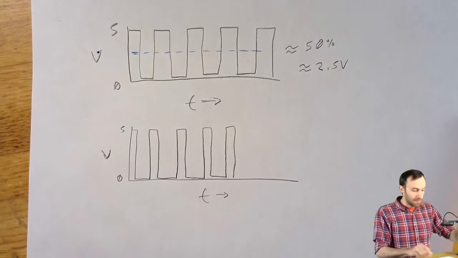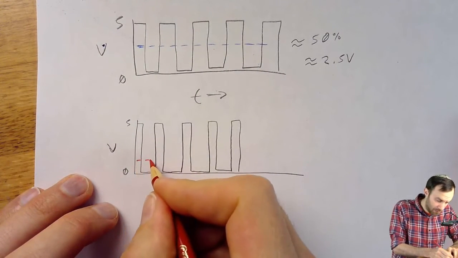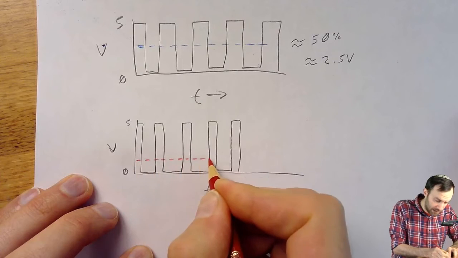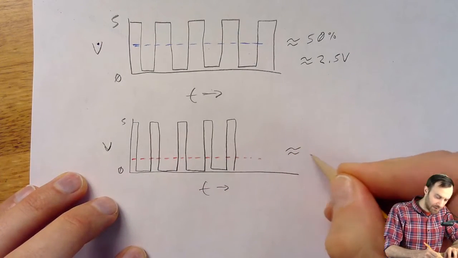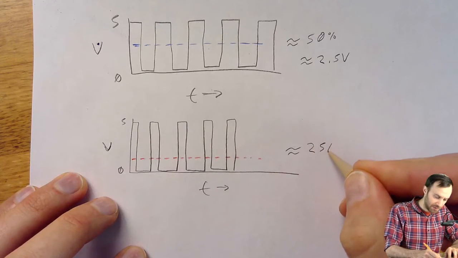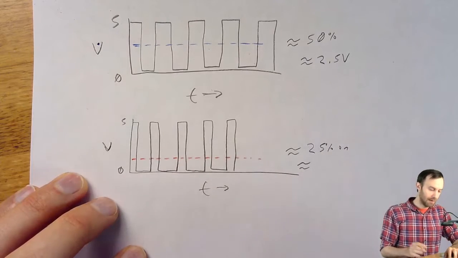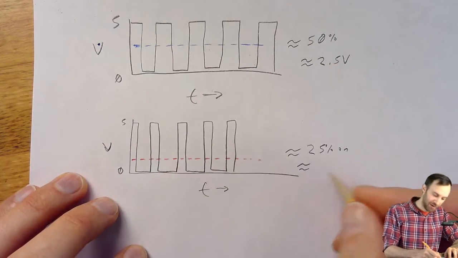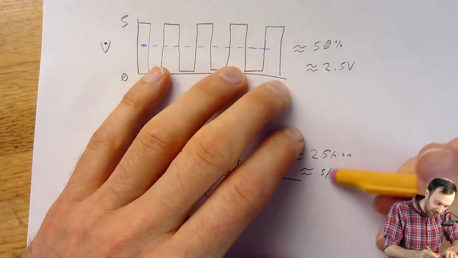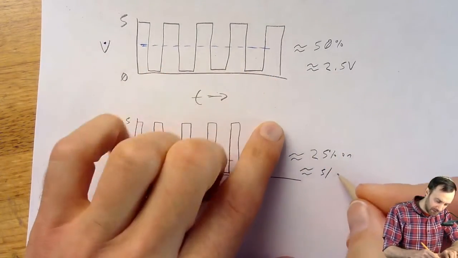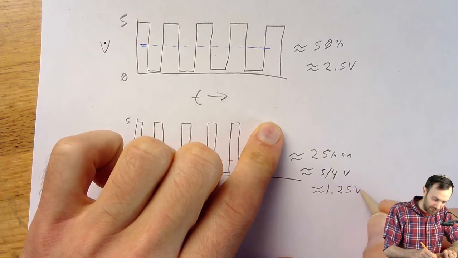Now because it's spending most of its time off and only some of its time on, this would be more like this dotted line equivalent. So if this is about 25% on, then I guess 1/4 of 5, which is 5/4 of a volt, which would be 1.25 volts.